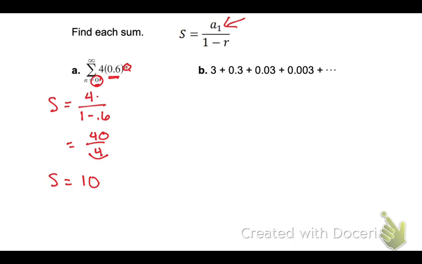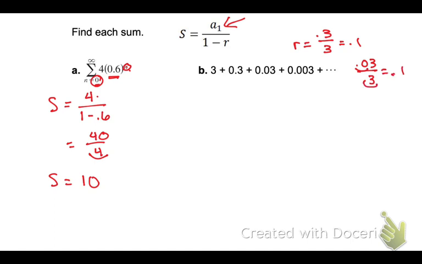Okay, so the next one's not written, so I need to figure out r, yes? We take the second divided by the first, and that would be 0.1, yes? If we want to check it, we take the third divided by the second. So we move it 1 and 1, and we still get 0.1.